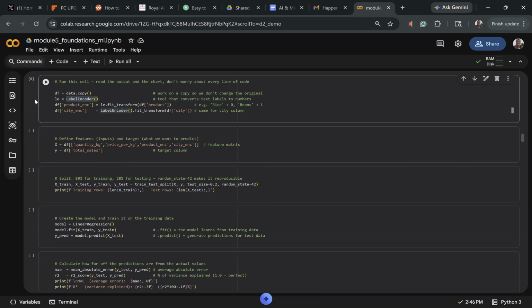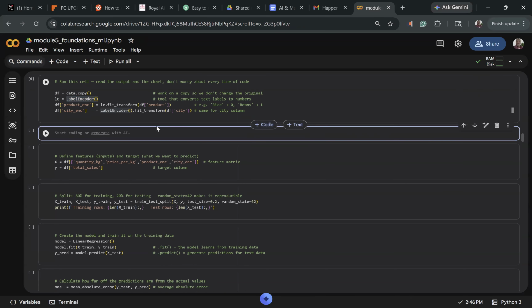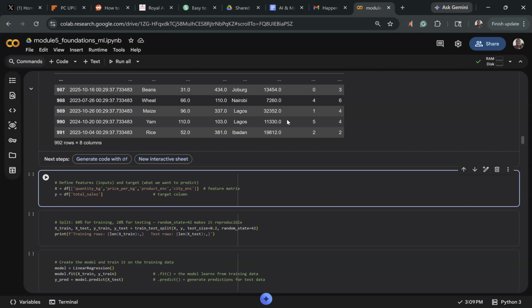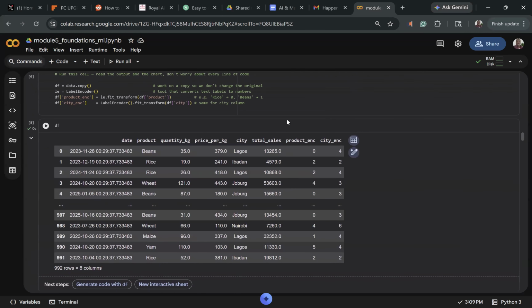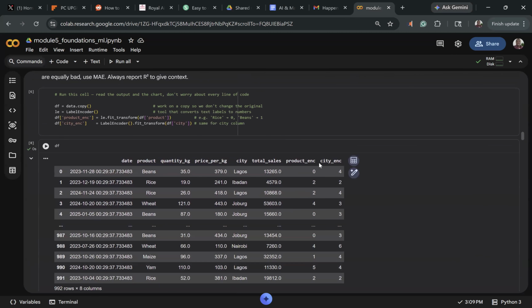So if we try and check for DF, let's see what happens. You will notice that our product encoder now has the city encoder. Lagos should be 4. Anytime we see Lagos, it should be 4. So Lagos here is 4. Lagos here is 4.